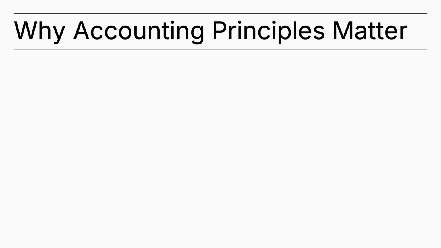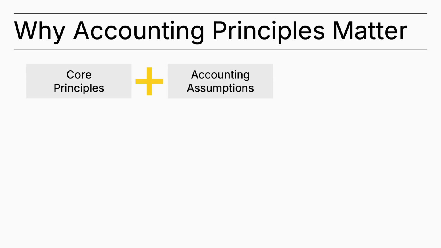So why do accounting principles matter? All three sections work together to create a complete accounting system. Core principles control how transactions and profits are recorded. Accounting assumptions create the foundation the system operates on. And accounting concepts guide the quality, consistency, and reliability of financial reporting.